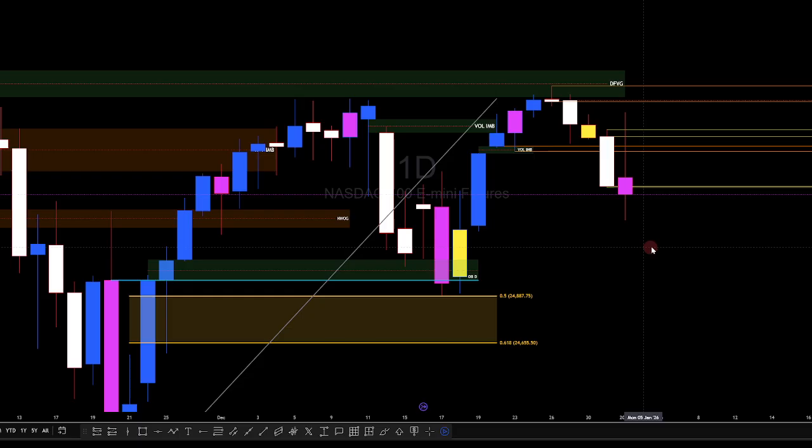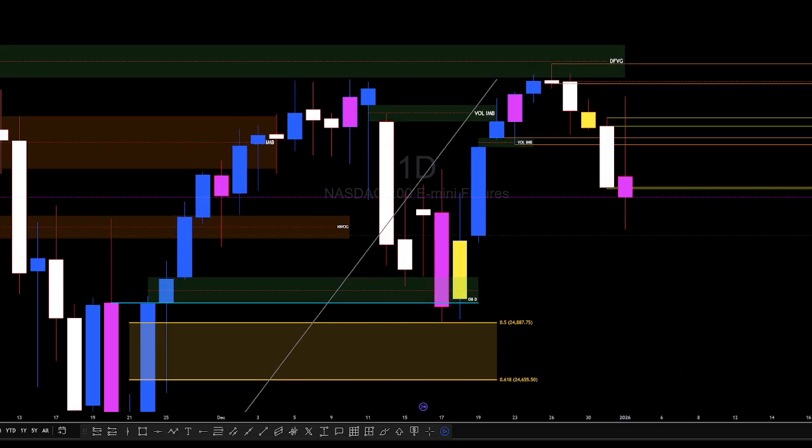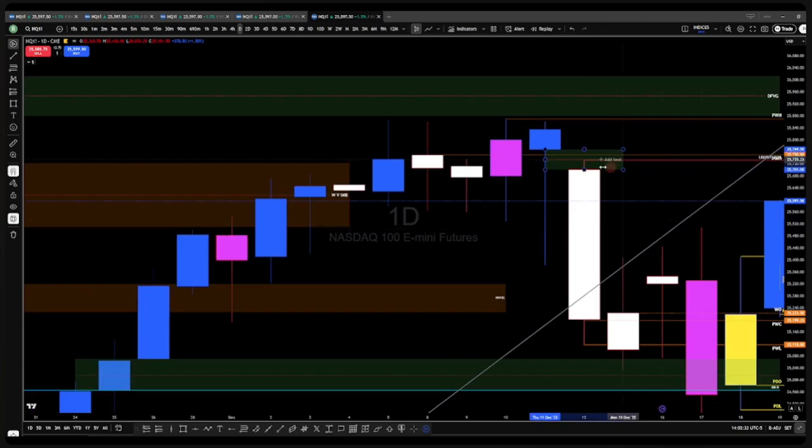If you like the ICT concepts, I like the ICT concepts because they have very, very high probability and very high precision points that you can read. That is what I like from ICT.